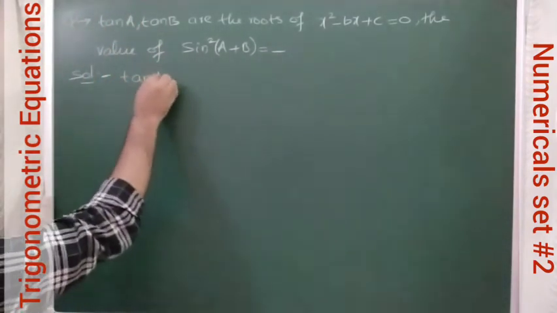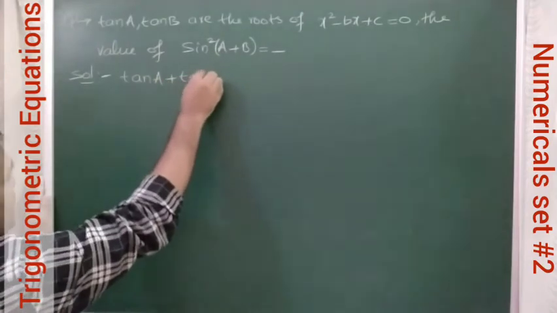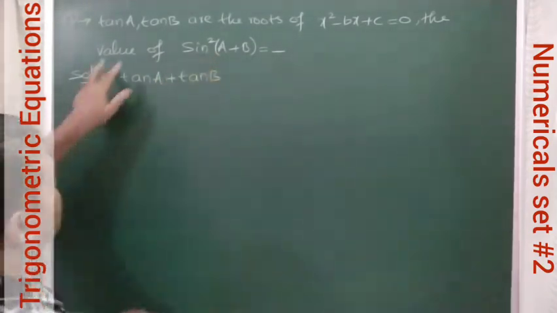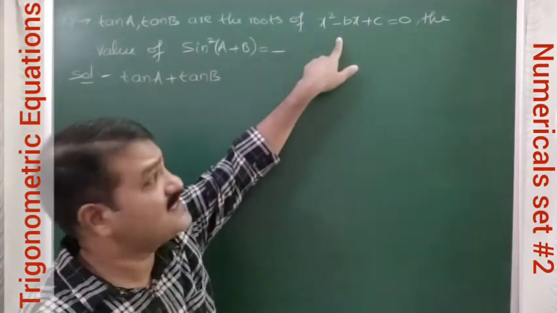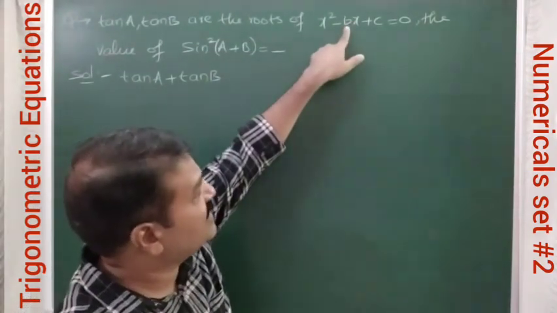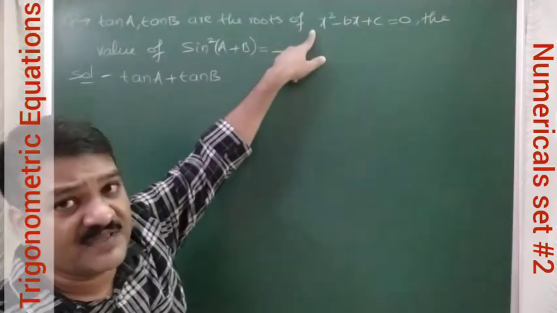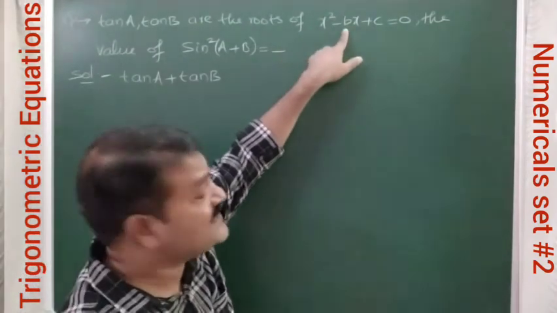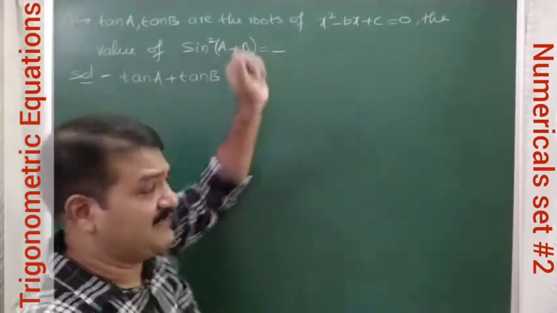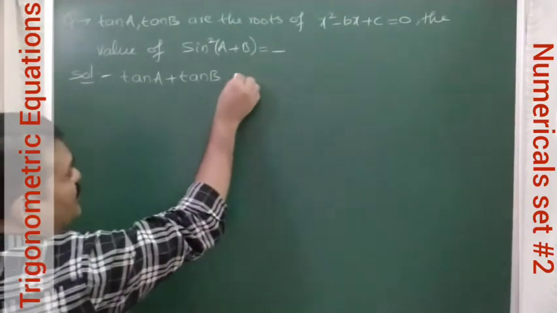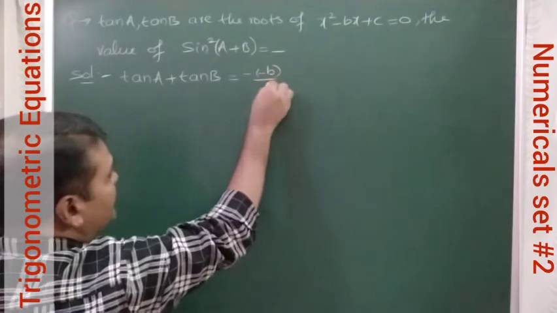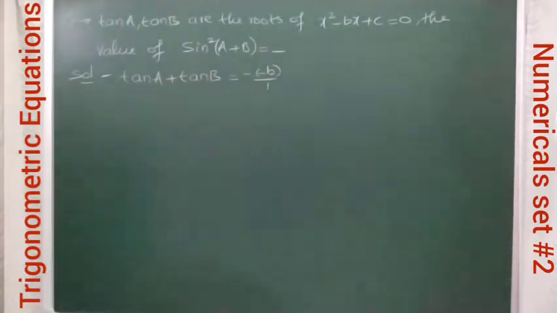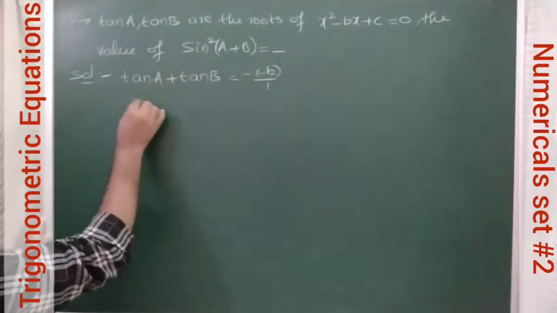Tan A plus tan B. The sum of the roots from this equation is minus coefficient of x by coefficient of x square. So minus b by 1, that means minus of minus b by 1, that means b.